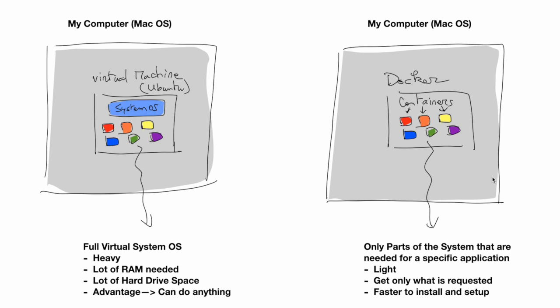Of course you could install this server on your main machine. You don't really need to have a virtual machine or Docker. But again, this would make your app very dependent on your own system configuration and environment, and then it will be very difficult for other people to install it.